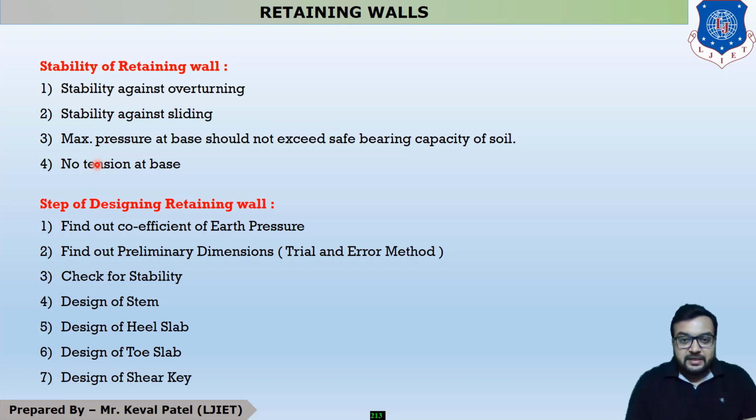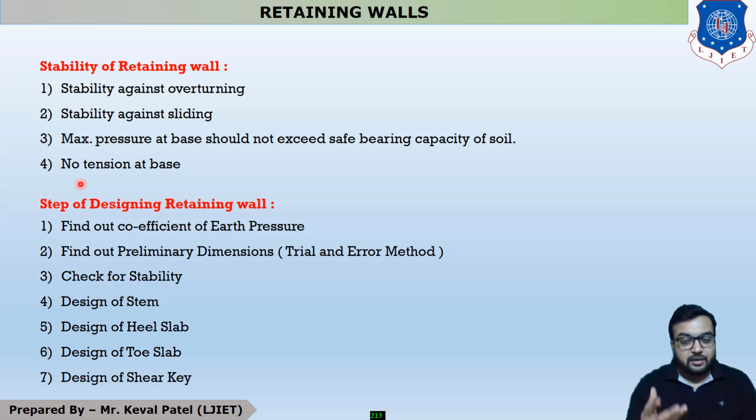And the last stability check is no tension at base. So these four stability checks are very important. If any one check fails, then you have to redesign all the retaining wall's dimensions.